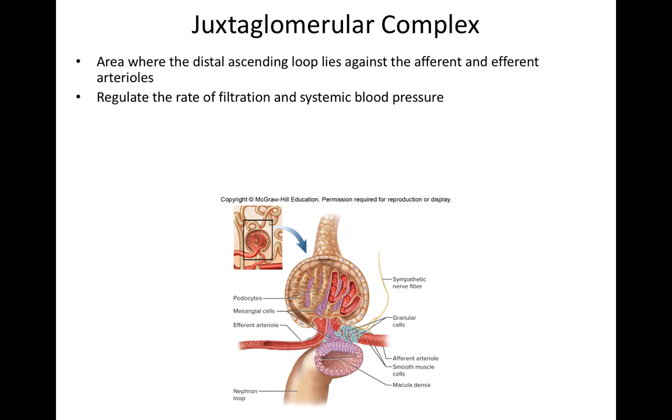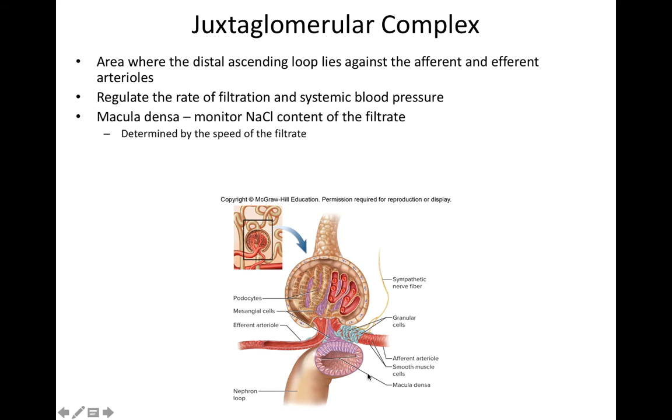We're going to find three specialized sets of cells here, starting with these guys, the macula densa. They are actually embedded in the wall of the tubule. Their job is to monitor how much sodium chloride is still in the filtrate after we've gone all the way through the PCT and all the way through the nephron loop, how much sodium chloride is still left.